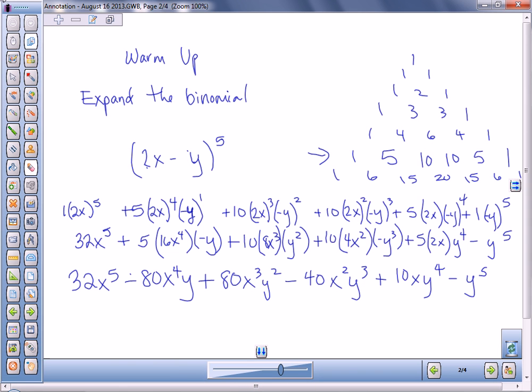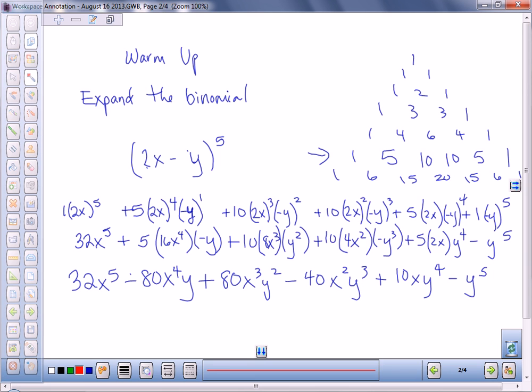Okay, so somebody asked me what the fifth row of Pascal's looks like. I don't know. I don't have any of them memorized. What I do every time is I quickly draw that triangle. Now, how did we get the numbers in that triangle? What do you do to get the 2?